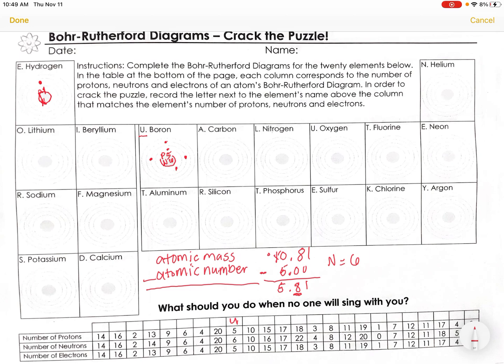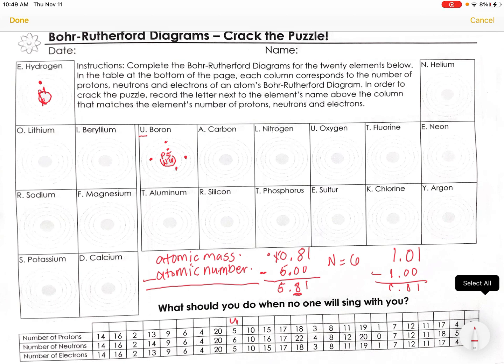Now, in order to find my neutrons, remember, I have to subtract the atomic number from the atomic mass to equal the number of neutrons. The atomic mass for hydrogen is 1.01, and my atomic number is 1. So I'm going to subtract. I got 0.01.